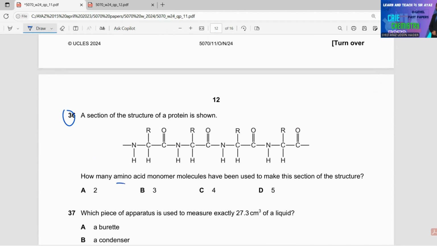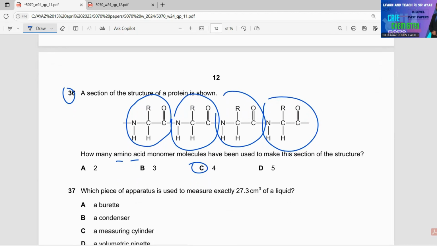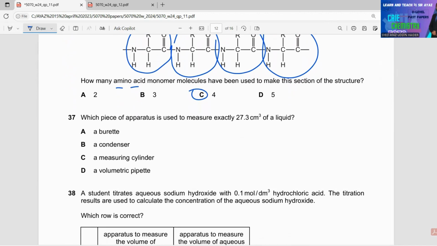So you know that amino acids have an amino group at one end and a carboxyl group at the other end. So there will be 1, 2, 3, 4. So there must be 4 amino acids involved in the making of this protein. So C must be the right answer in this case.